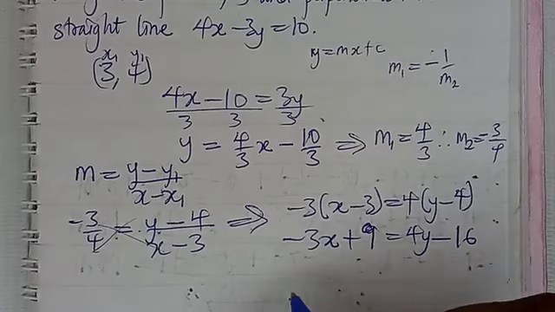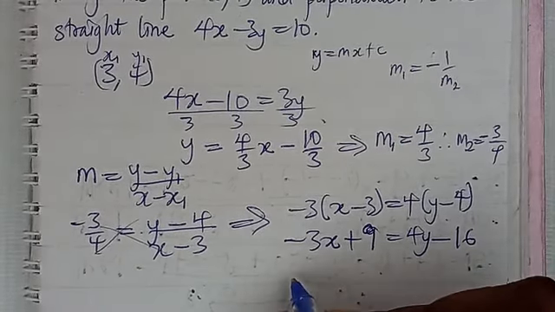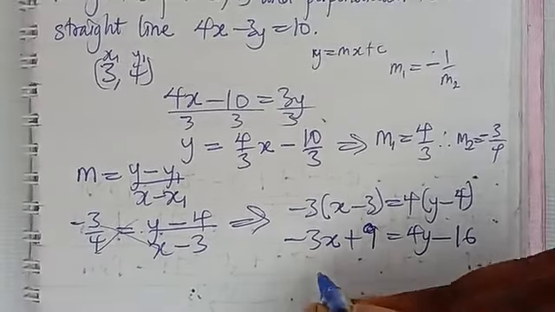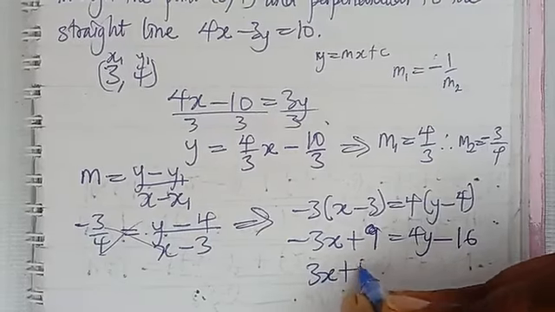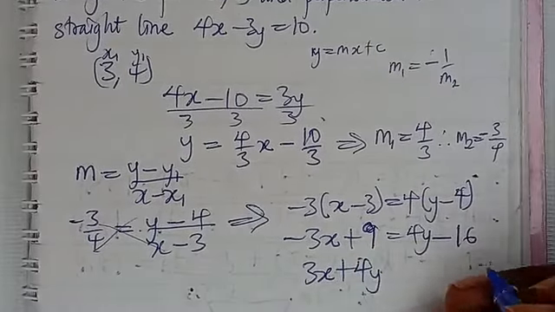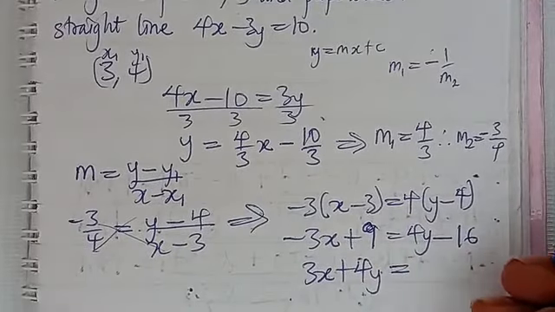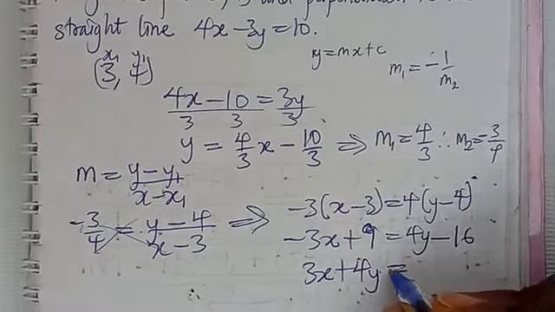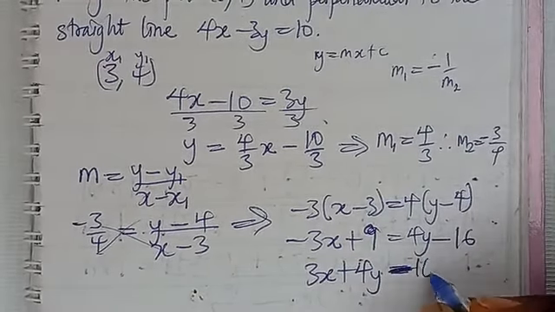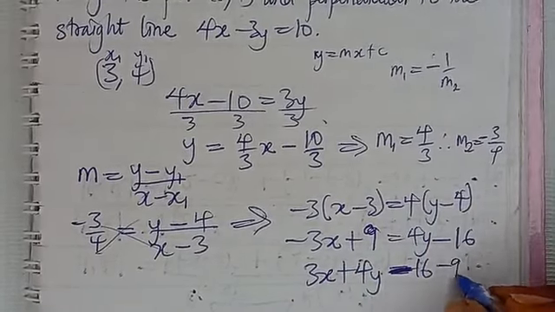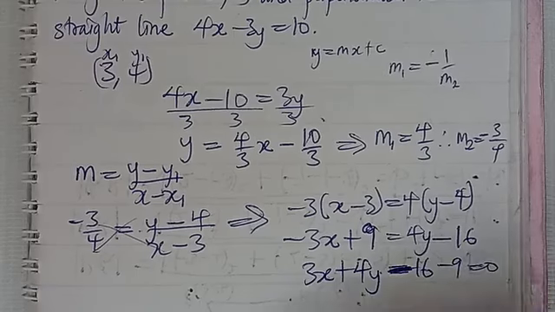We are going to have 3x plus 4y. Then we equate it to, well, let's have everything here. So we have minus 16 already here. Plus 9 crosses over to be a negative 9, equal to 0.